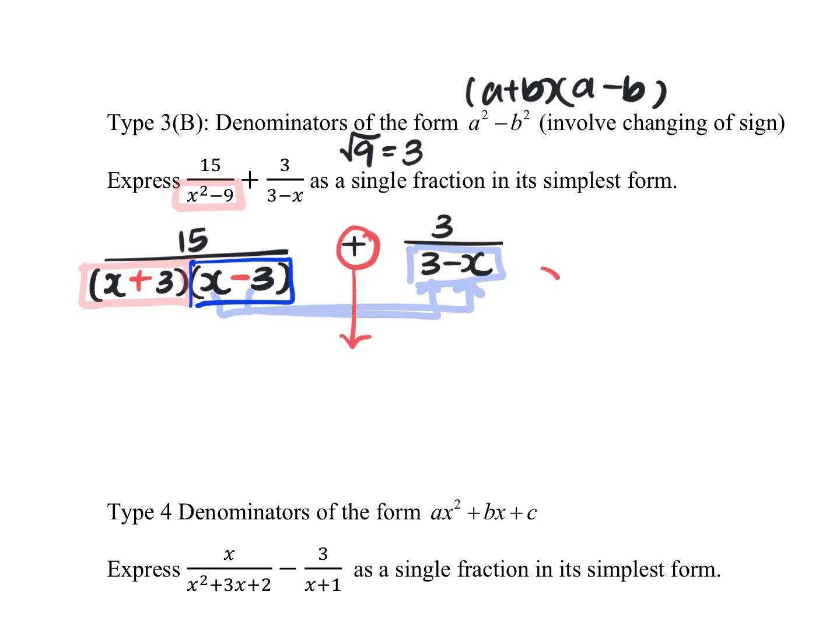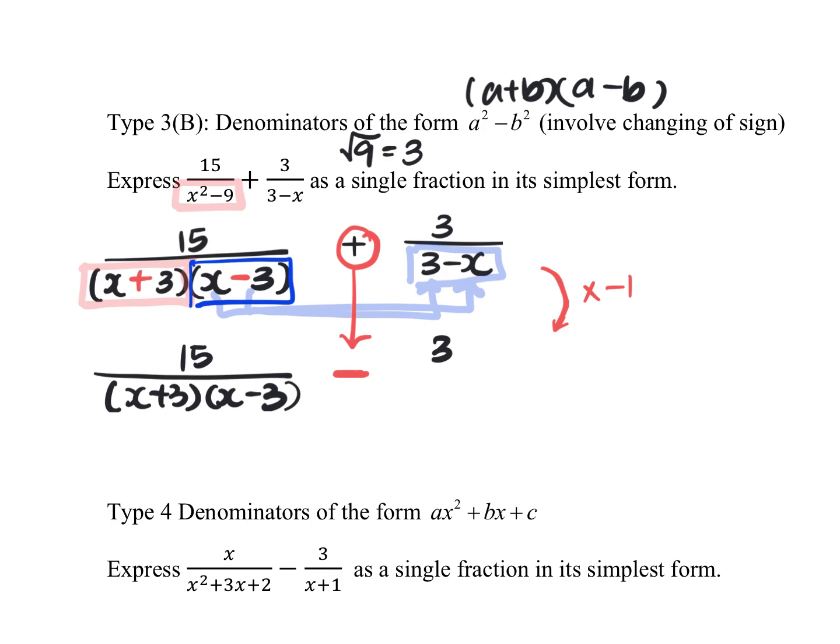So I'm going to multiply by negative 1 to our denominator. Okay, one negative sign for only one denominator. All denominators are only one pair. So in this case, I'm going to multiply it to my denominator to change the sign. So the moment I multiply, this one becomes minus.